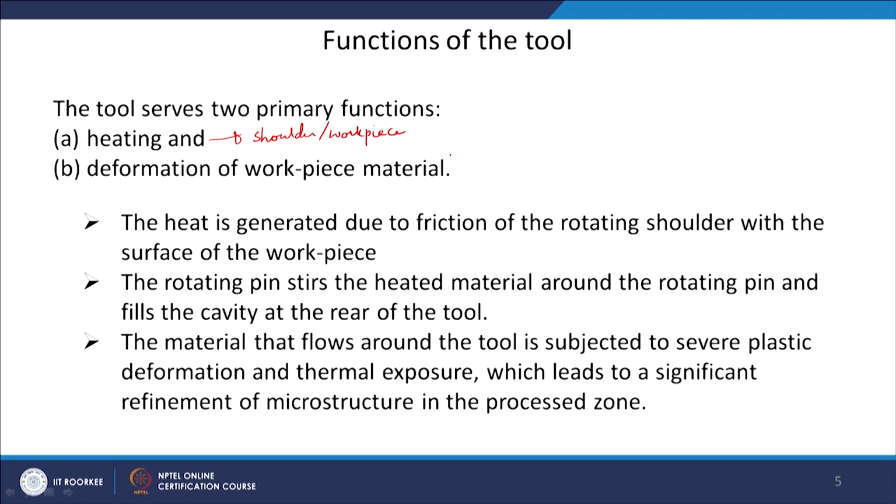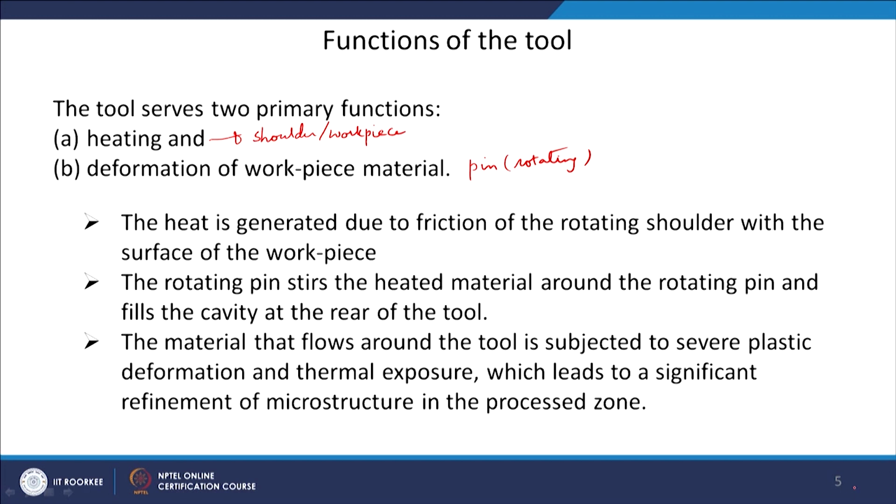Deformation is primarily through the rotating pin, although the shoulder also contributes to some part of the deformation. Heat is generated due to friction of the rotating shoulder with the surface of the workpiece, and the rotating pin stirs the heated material around it and fills the cavity at the rear of the tool. The material that flows around the tool is subjected to severe plastic deformation and thermal exposure, which leads to significant refinement of microstructure in the process zone.